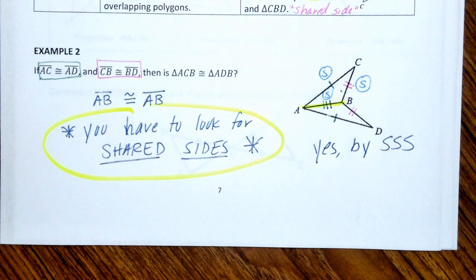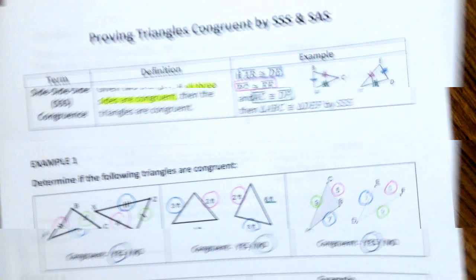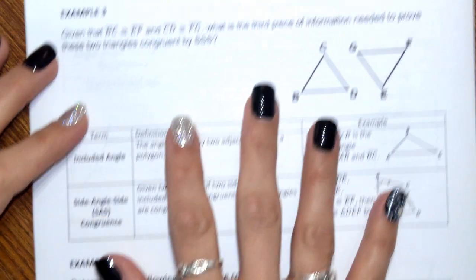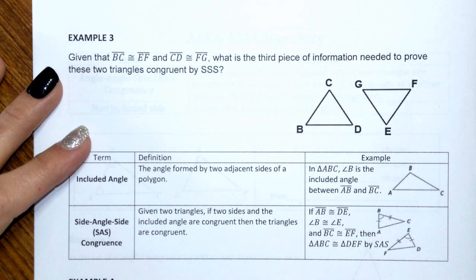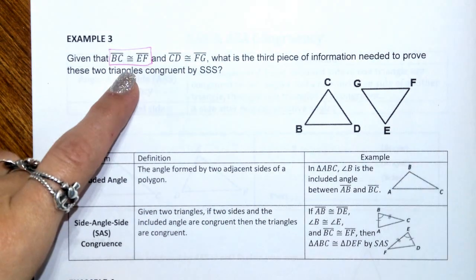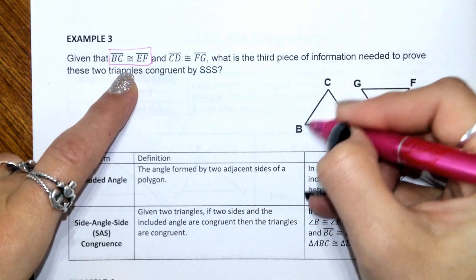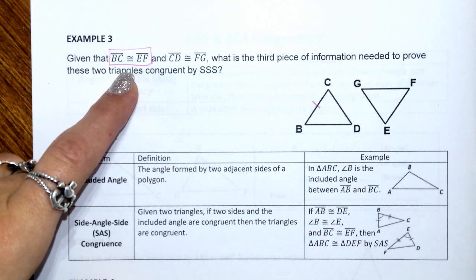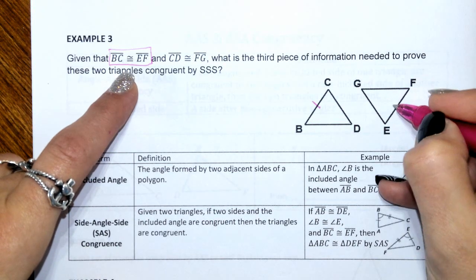So the next thing, we're going to go ahead and see another problem that you're going to see in these congruency ones. They're going to give us a bit of information here. First, we're told that segment BC is congruent to segment EF. Always mark them. BC right here, congruent to EF right here.